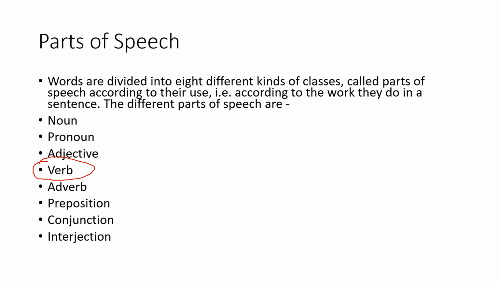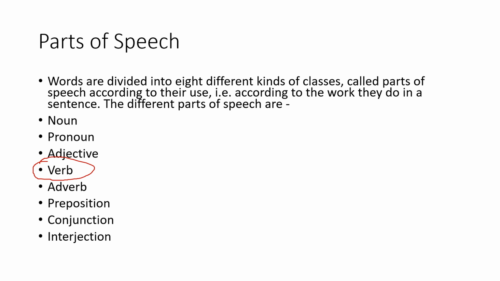Preposition. Just remember that this denotes the position of an object or a person, where he or she or the object is located. For example, above, below, in front of, behind, up, below. Something like that. Conjunction, these connect two words or two sentences or two clauses.